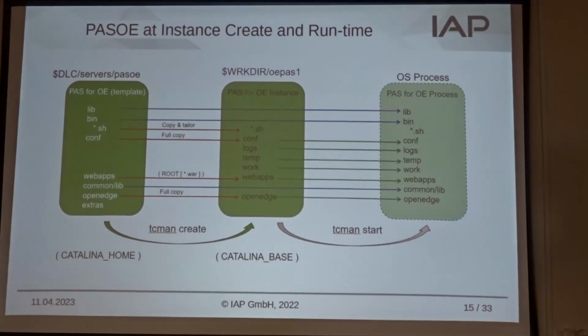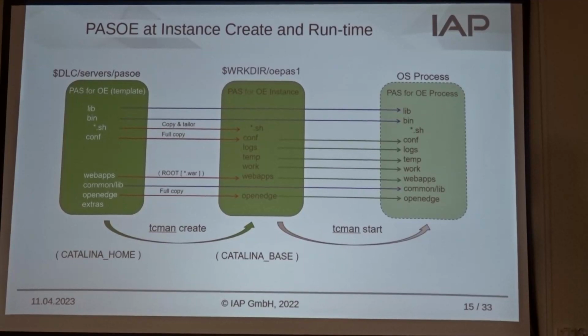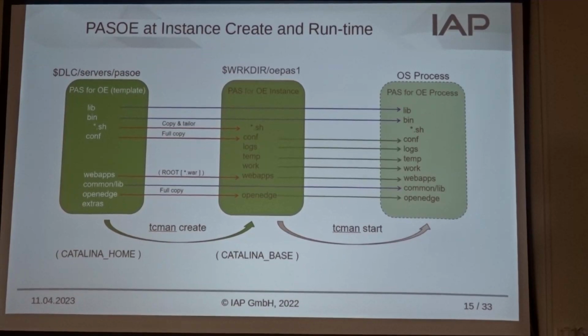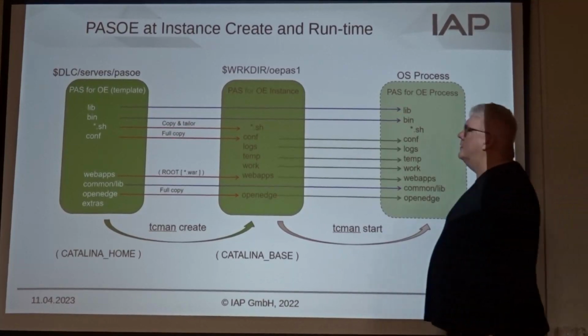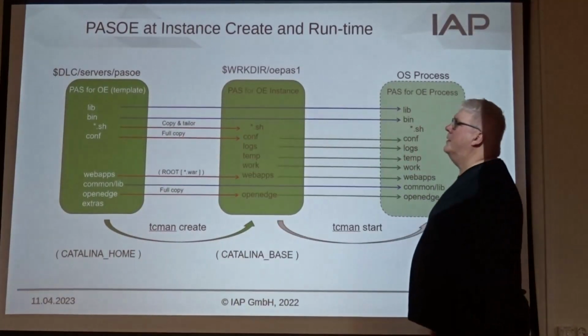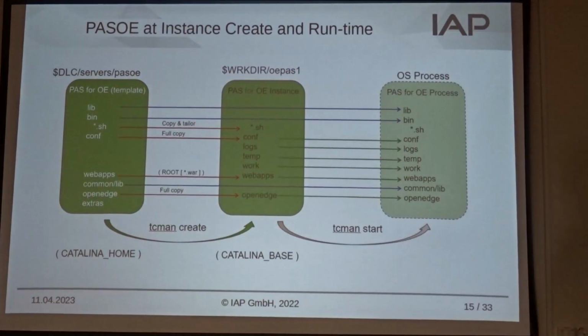So this picture here. If you want to create your instance, then you have to make a copy of a template. That means in the server's PASOE in DLC, there is a Tomcat installation. This contains everything: all executables, scripts and configuration data which is needed.